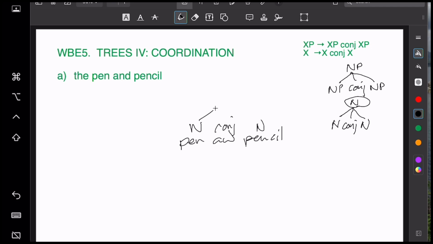We're going to stick those three things together using the second rule and create a noun. Then, because our noun phrase rule allows you to put an article like the before a noun, we're going to construct a noun phrase with the determiner the. So this gives us the pen and pencil.